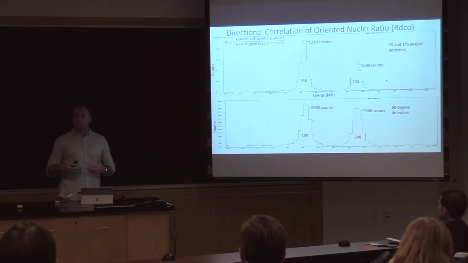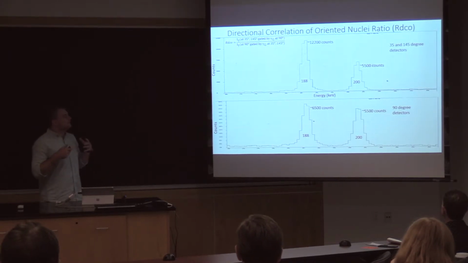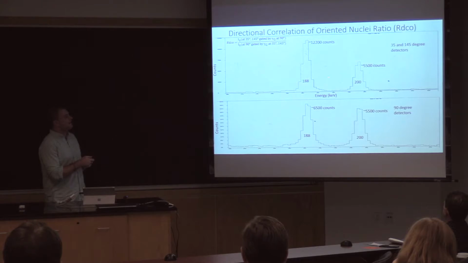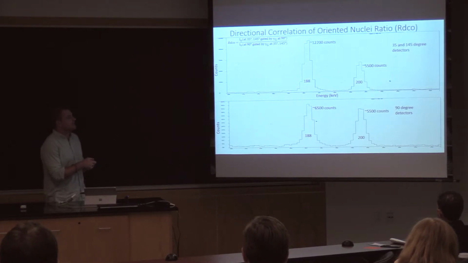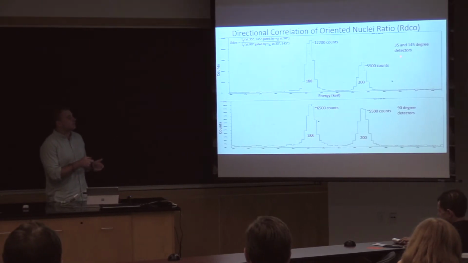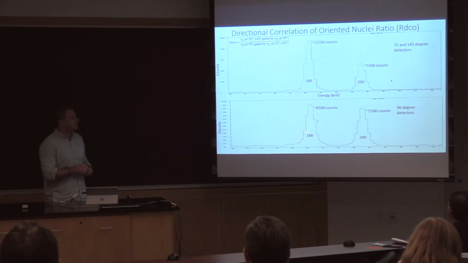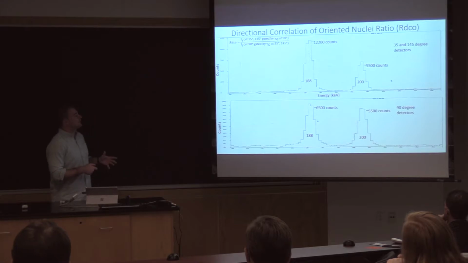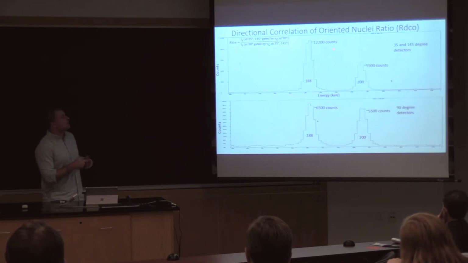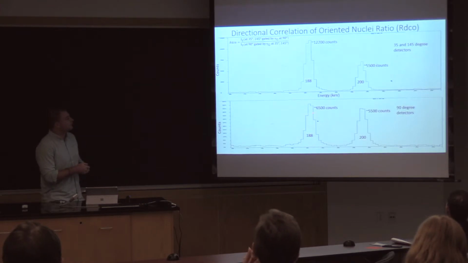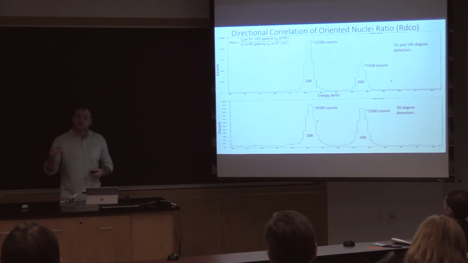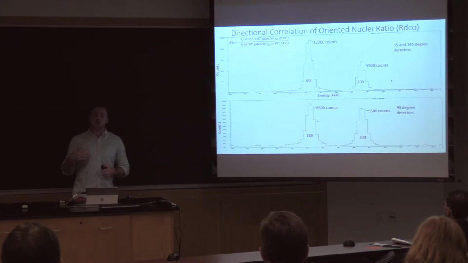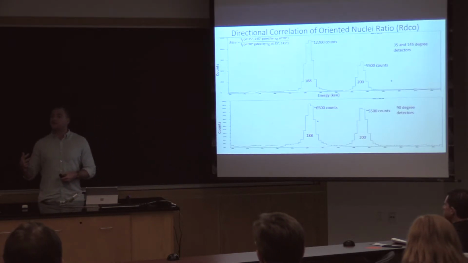Now that sounds really complicated. It is quite confusing to wrap your head around, but basically you divide the area under the curve, or the intensity, of the 35 and 145 degree spectrum by the area under the curve of the 90 degree spectrum. If we look at this 188 gamma ray, this intensity is about 12,000, while in the 90 degree detector it's about 6,000, so that DCO ratio is about 2, which represents a quadrupole.